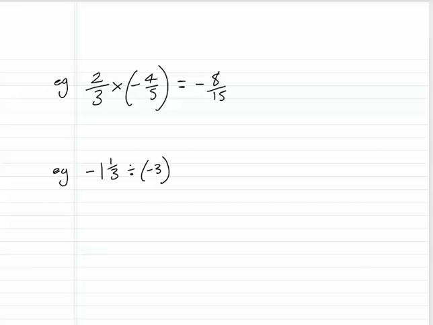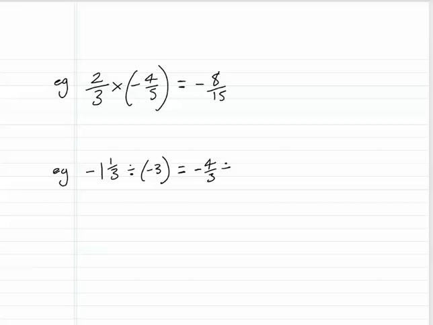Last question. A division with negatives and mixed numbers. Tricky. Now, -1/3 divided by -3, you can see immediately that's going to be a positive answer. Remember your best to change mixed numbers to improper fractions. 1 whole is 3 over 3, and I've already got 1 over 3, so that's -4 over 3 divided by, oh, that's -3 as a whole number.